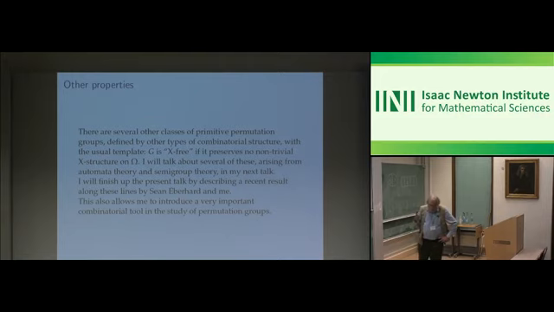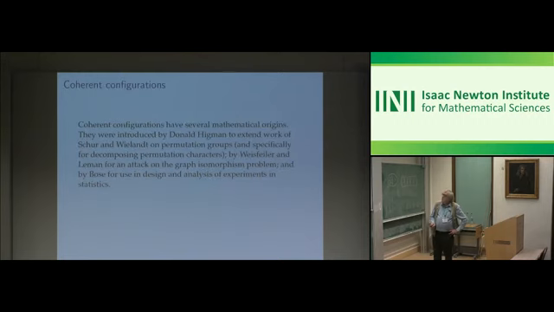And this also allows me to introduce an important tool for studying permutation groups, and also occurs in other parts of mathematics, and well, I'll say a little bit about it when we come to it. So, coherent configurations. I'll give you a definition in a moment, but Donald Higman defined these things.